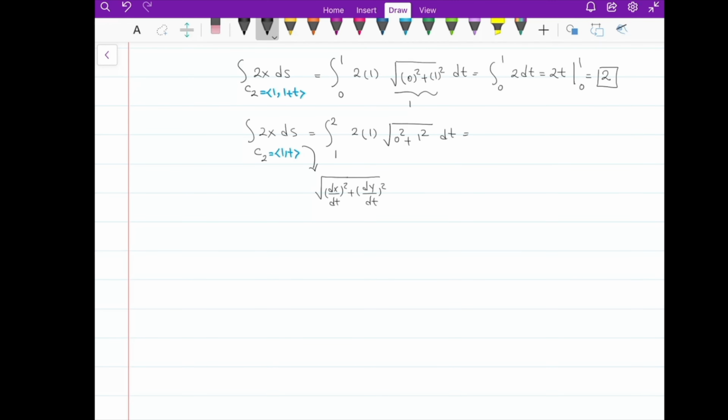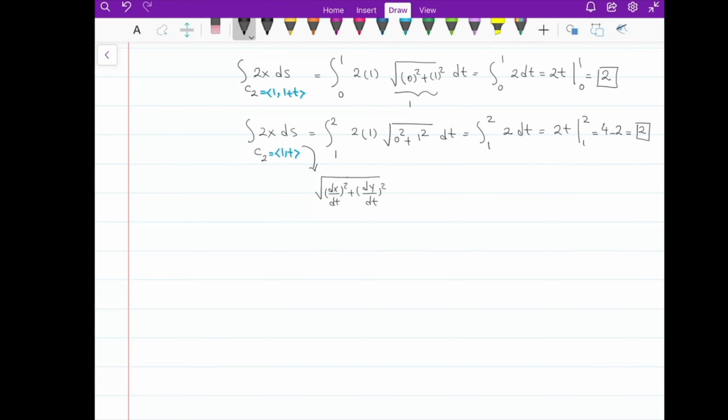You see, it's exactly the same. Between 1 and 2, it would be 2 dt, which would be 2t between 1 and 2. So I get 2 times 2, which is 4, minus 2 times 1, which is 2, and the answer is 2.